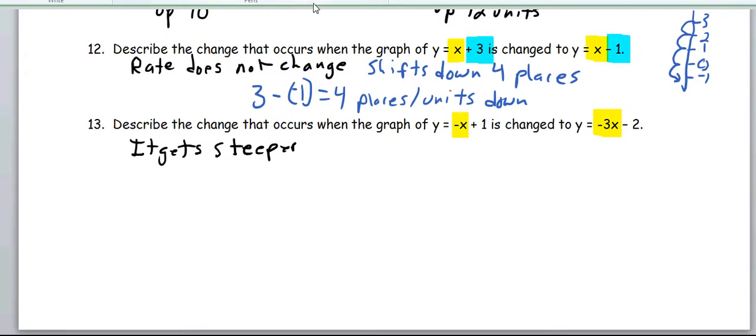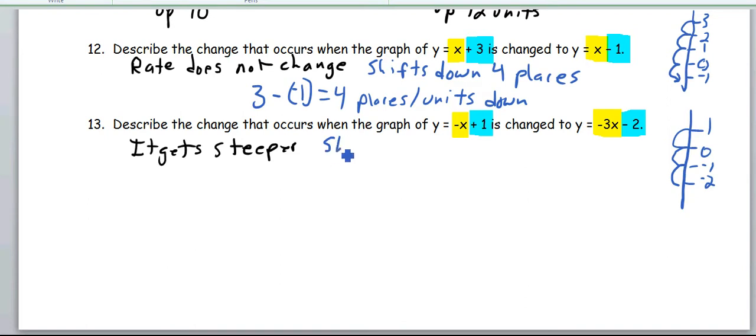And then I look and I see that I started with a +1 and then a -2. If I think about my number line again on my y-axis, if I started at 1 and then I end up at -2, what's happened? I started here and then I shift down 1, 2, 3 places.